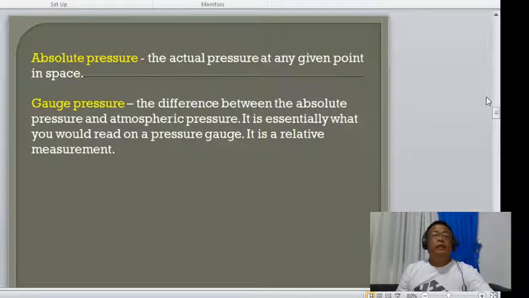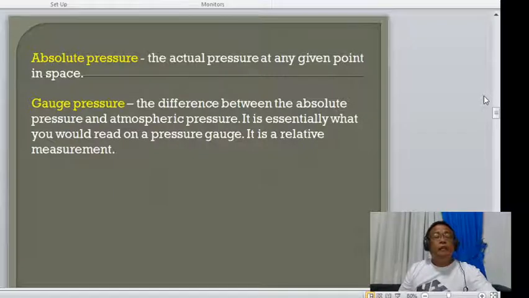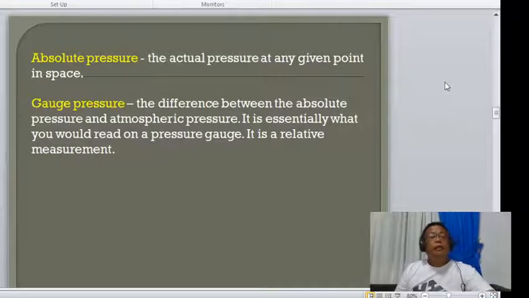But the absolute pressure is not zero. The gauge pressure reading is zero, but the absolute pressure is not zero. The absolute pressure, of course, is the same as the value of the atmospheric pressure. We will discuss this later.